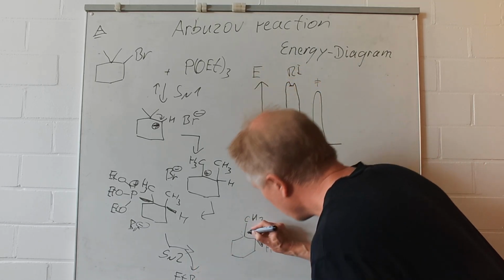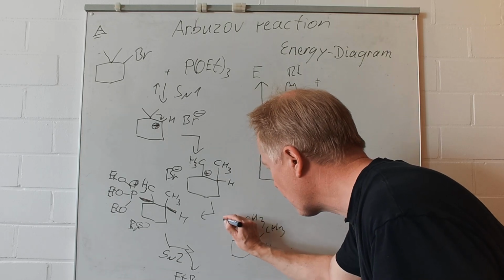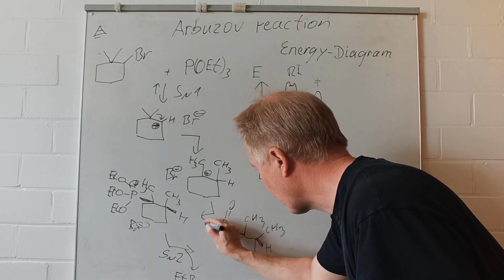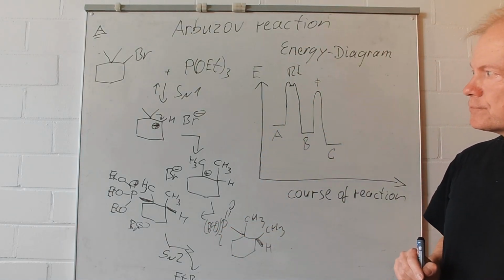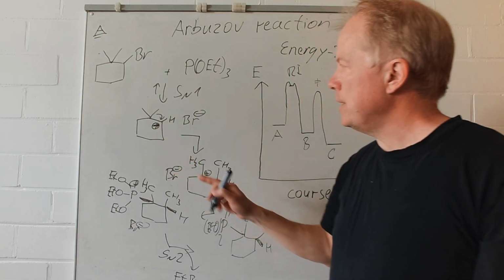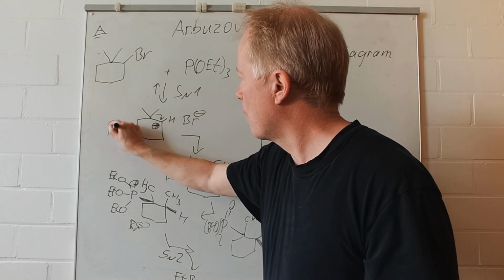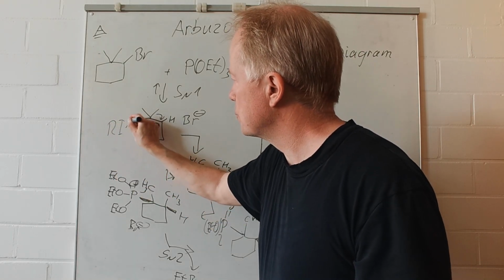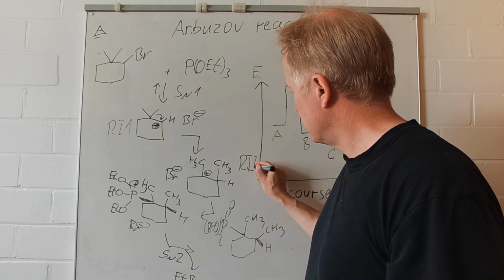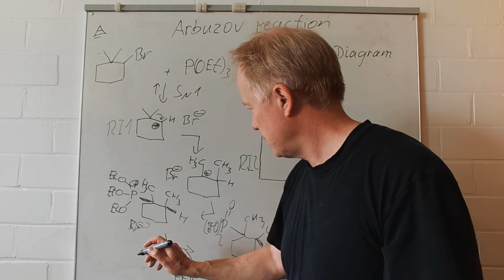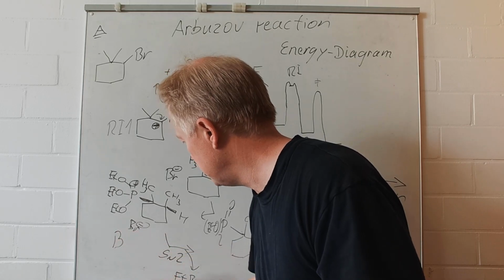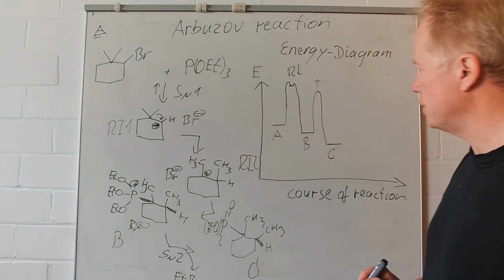This one. So that means after situation A, we have the first reactive intermediate, here the second reactive intermediate, again then here situation B and the situation C.